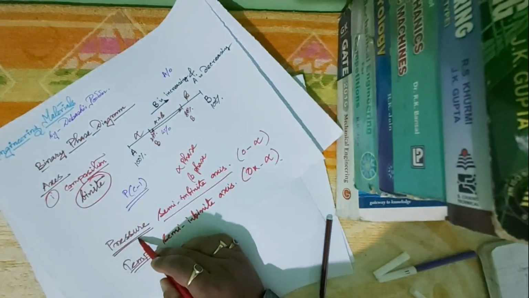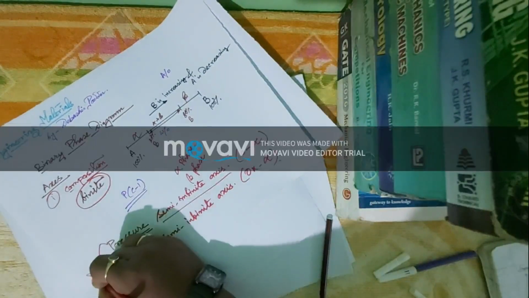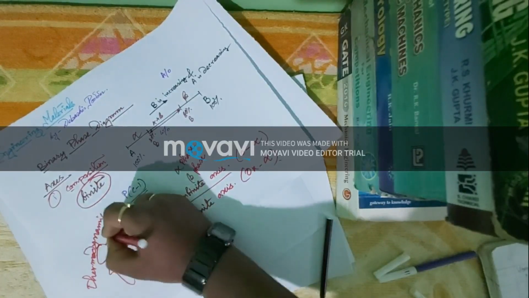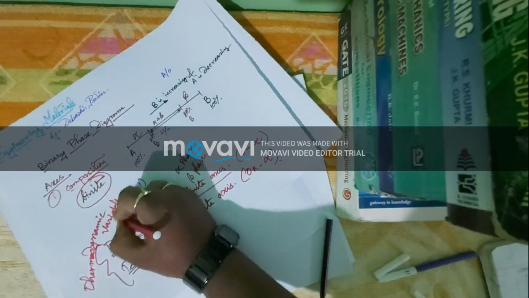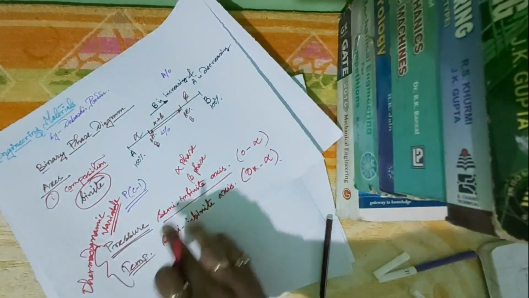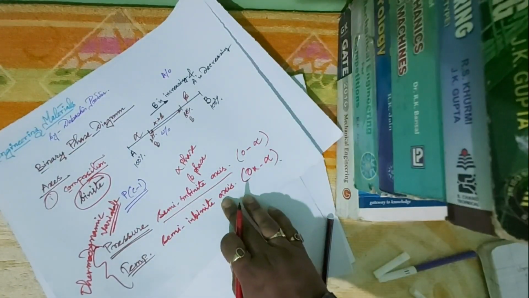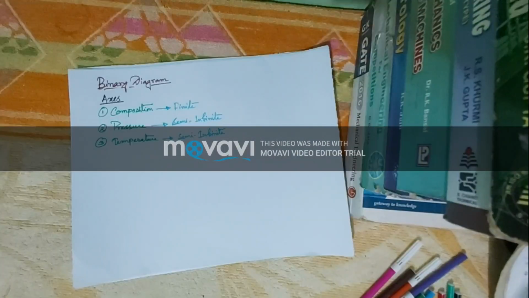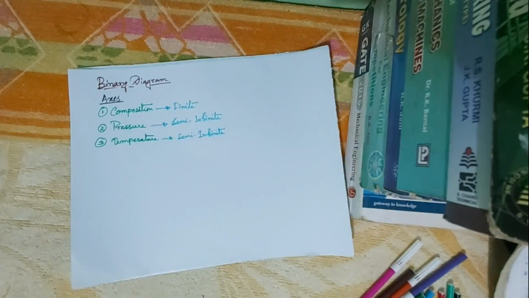The other two, pressure and temperature, are thermodynamic variables, and these two are semi-infinite axes, as they vary from 0 to infinity. So now we have one finite axis and 2 semi-infinite axes. The finite axis is the composition axis and the semi-infinite axes are the pressure and temperature axes.